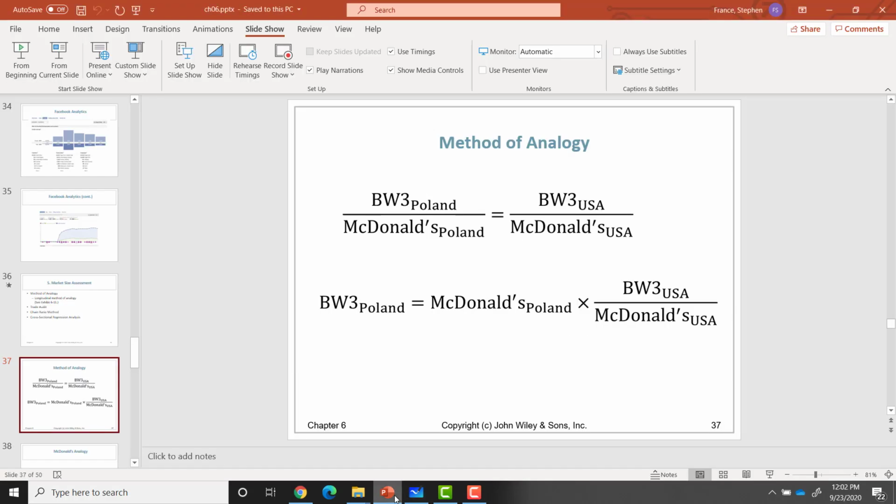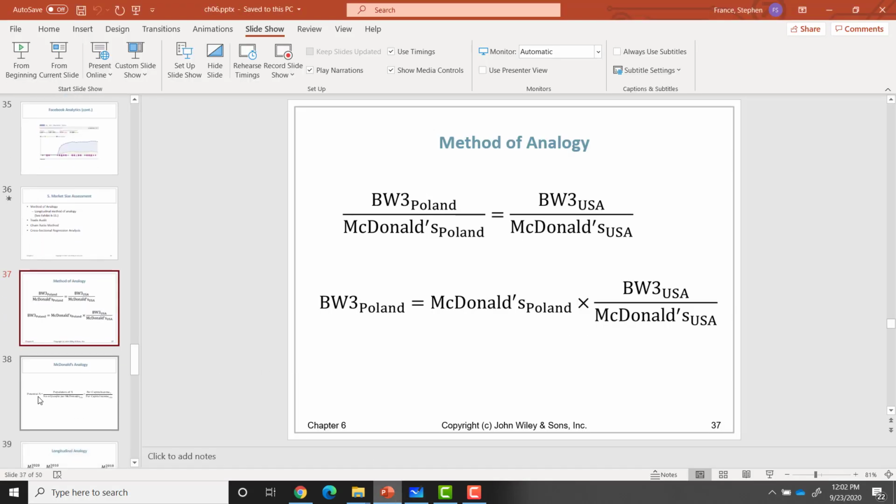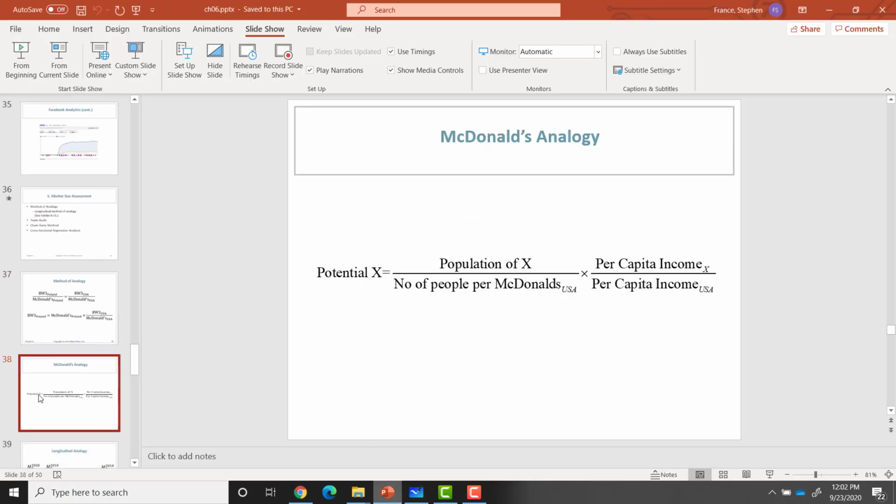Okay, so next method of market size. And this is the McDonald's analogy. It's called that because it was founded by McDonald's, but we're trying to find the potential for McDonald's in a different country.